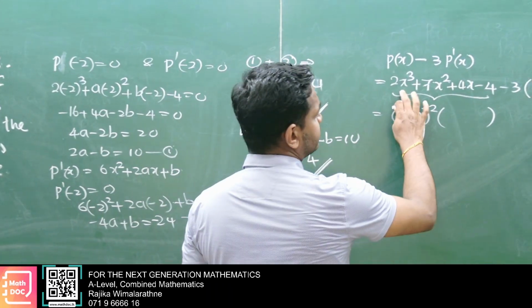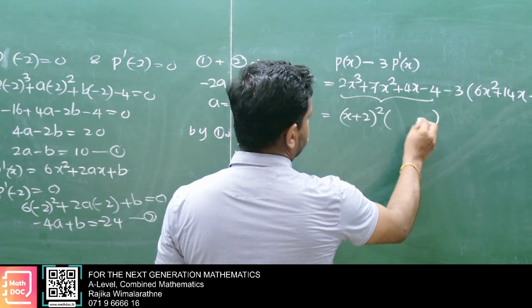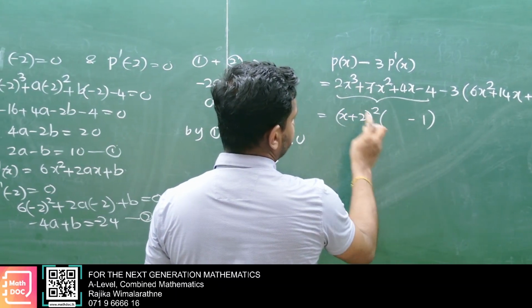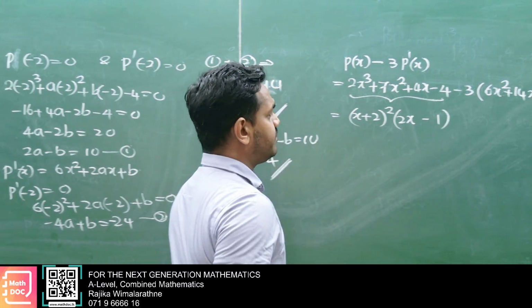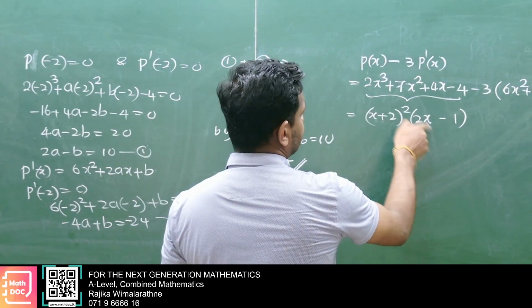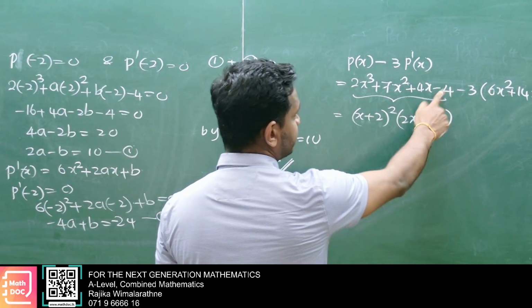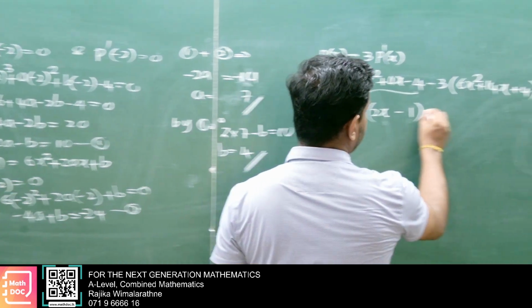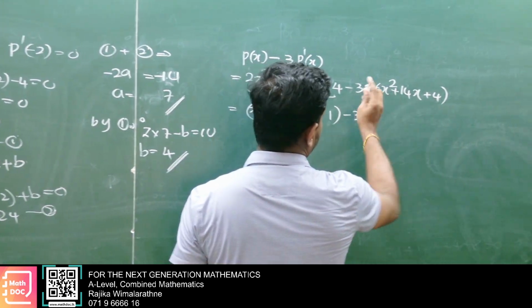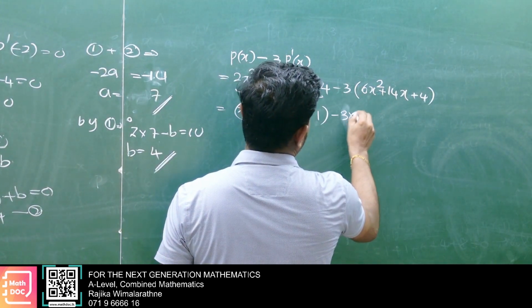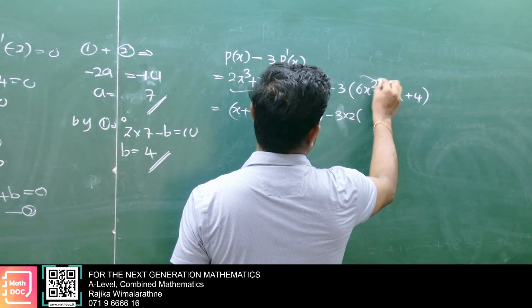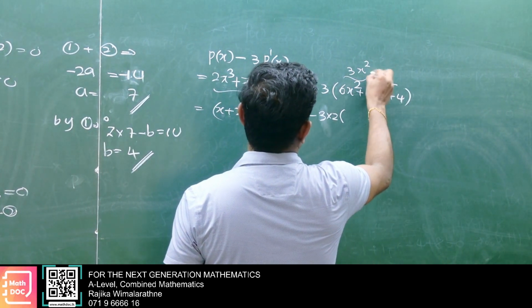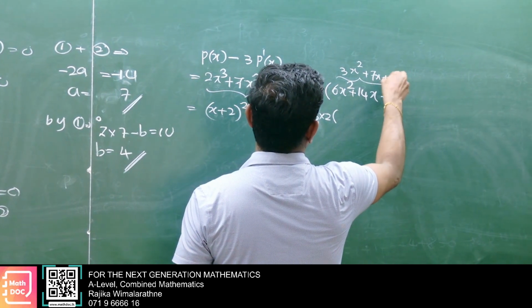So now check with this. For −4 we need to put −1, and for 2x³ we need to put 2x. Here 2x³ is there, plus 4 times −1 gives −4. Then definitely all the others must be there. Then minus 3, take 2 outside: 3x² + 7x + 2.